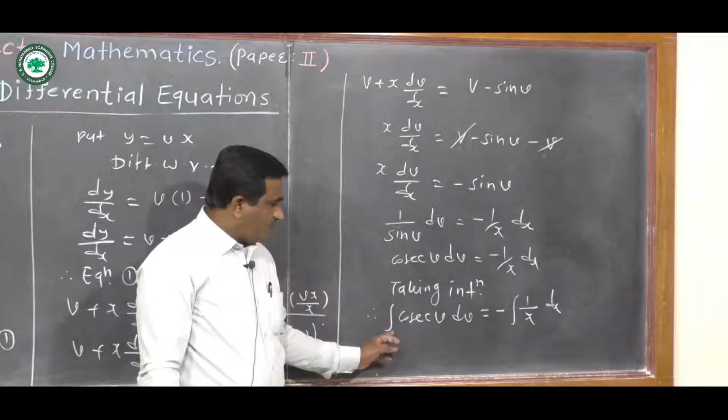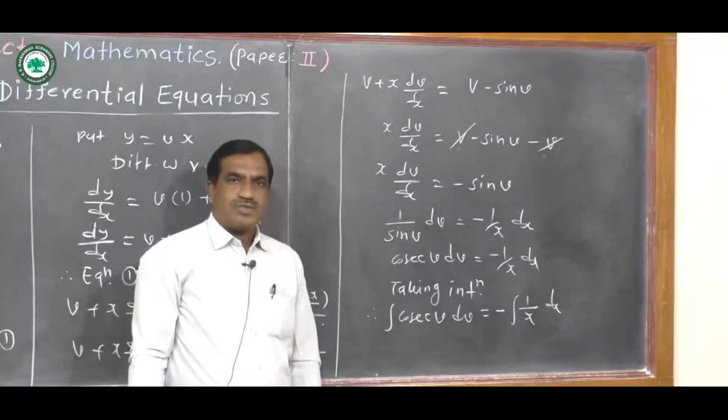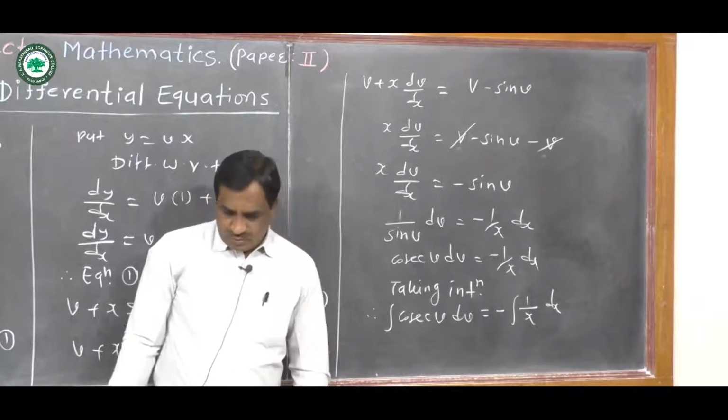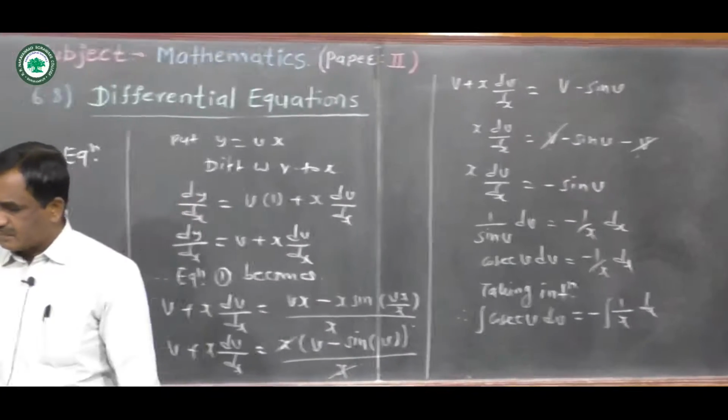Now integration of cosec v, we know that integral of cosec x with respect to x is log of (cosec x minus cot x).